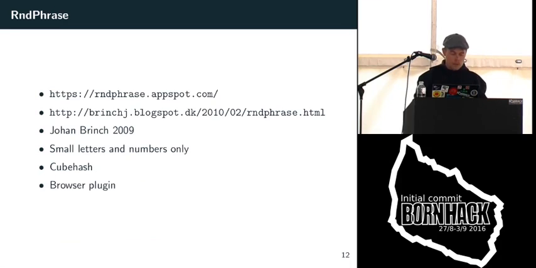Then there's the system that I based my work on. It's an old student friend of mine, Johan Brink, who made this in 2009. He made a proof of concept and an actual implementation, but it didn't get stable. It only consisted of small letters and numbers, and it used a QPass function. It generated a 16-character password with small letters and numbers.